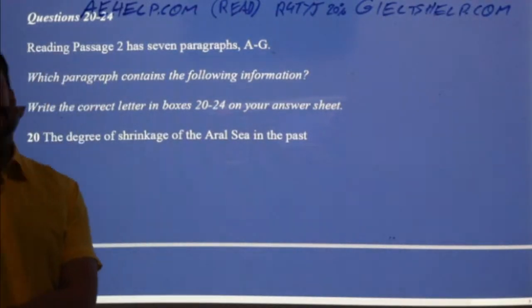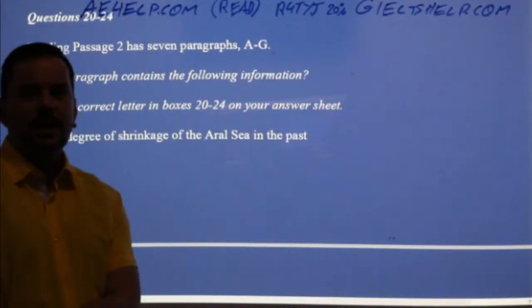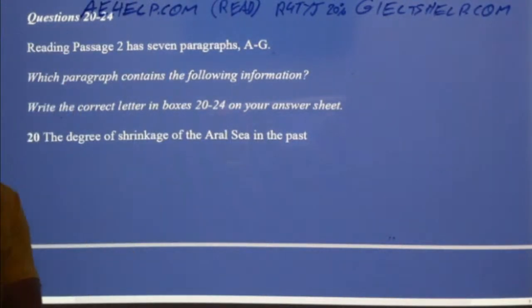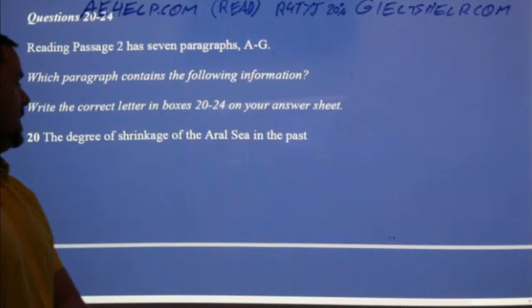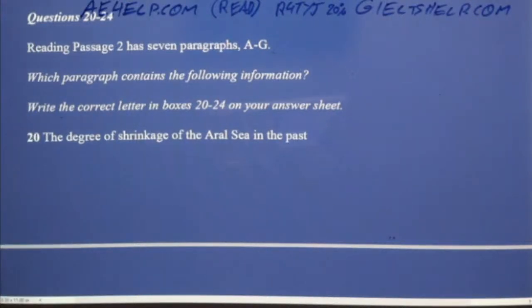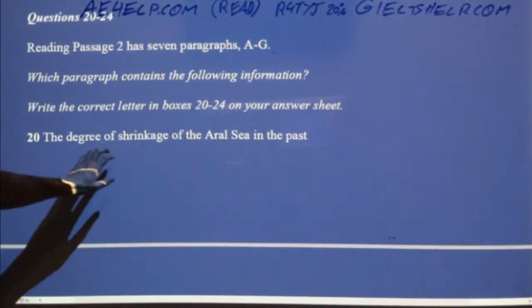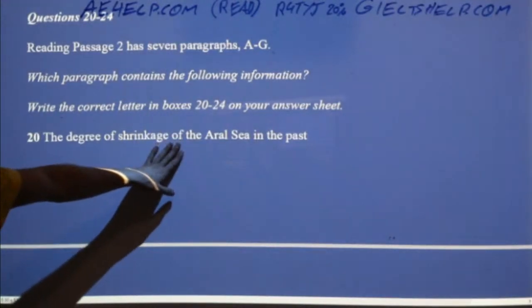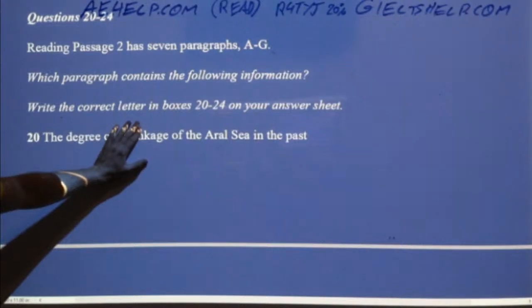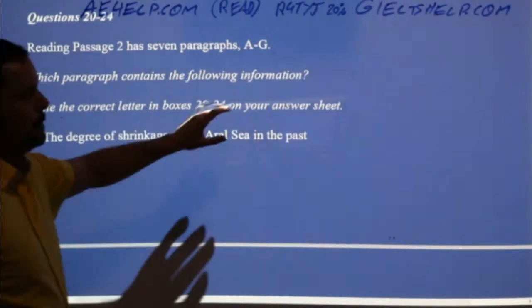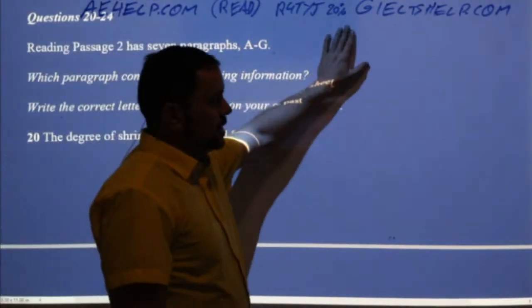So B was kind of the history. I don't know if it talked about the shrinkage. Amanjot says that probably came later, like D, right? Where the Soviets started to use it and so on. So I definitely think that this came later. The amount of shrinkage in the past was described later. Remember, first we had the introduction, the background.